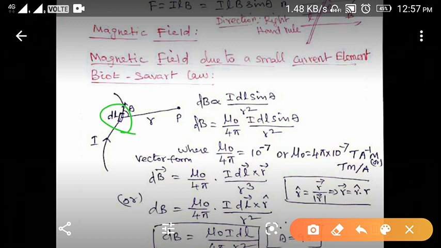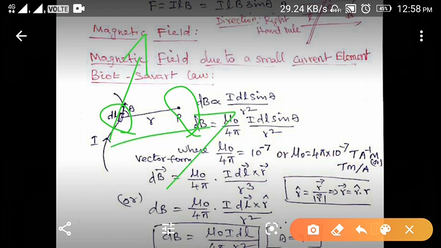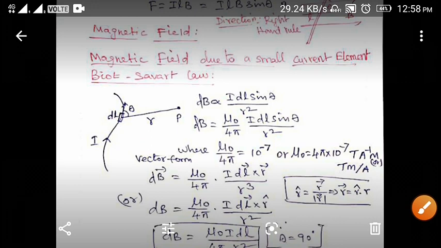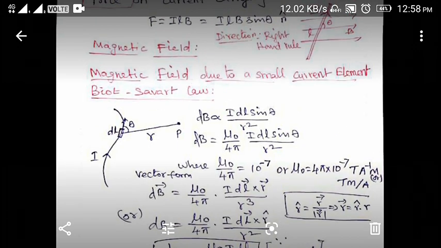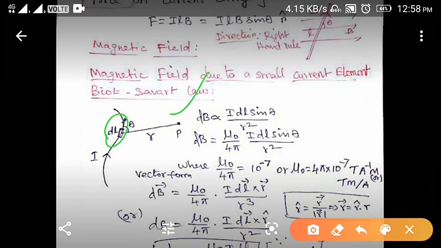We assume a point P at distance r from dl, with position vector r, and angle theta between the dl vector and the r vector. Now the magnetic field due to this small element at point P can be written as dB proportional to I dl sine theta, and inversely proportional to the square of the distance between them. So this is the Biot-Savart law.